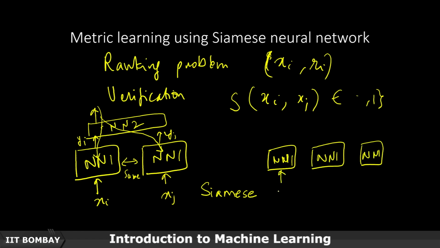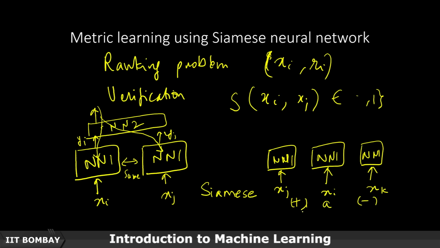The input we will give is xj, the positive sample, xi, which is the anchor, A for anchor, and xk, the negative sample. What will come out of this is yi, yj and yk.